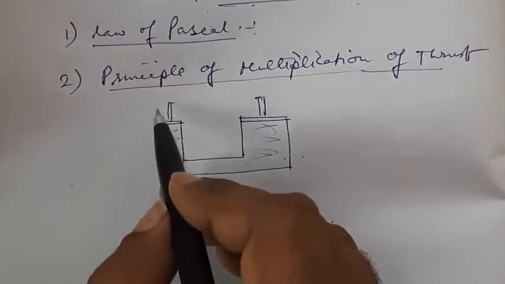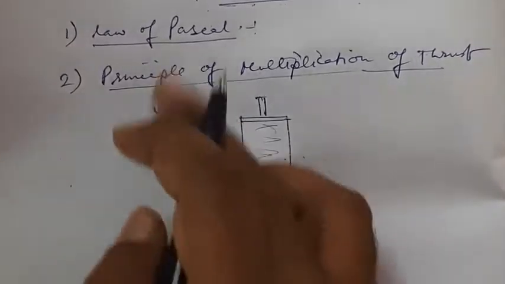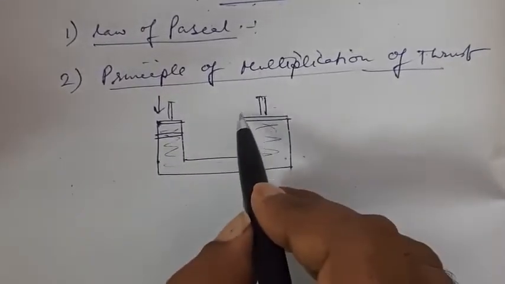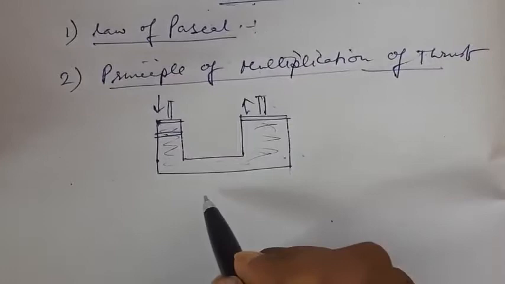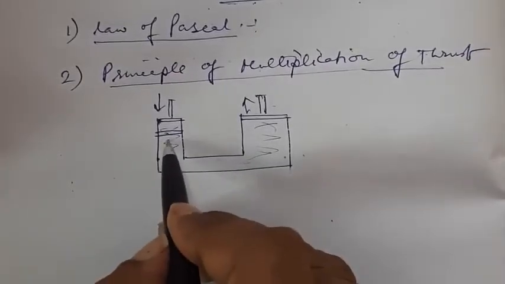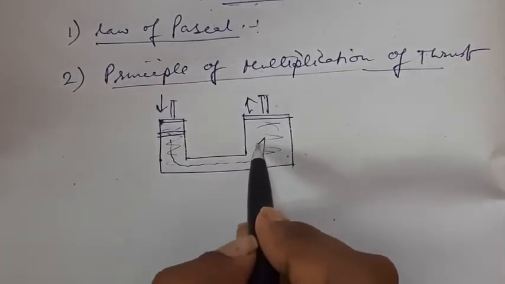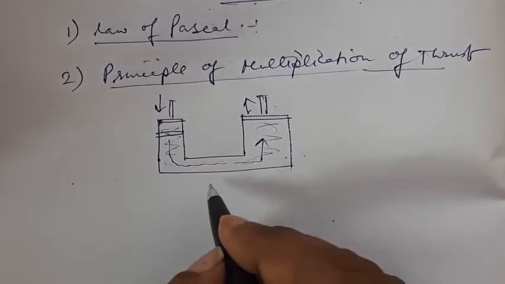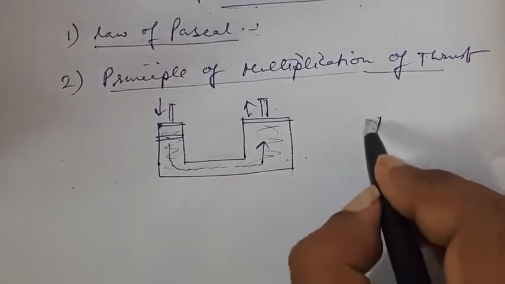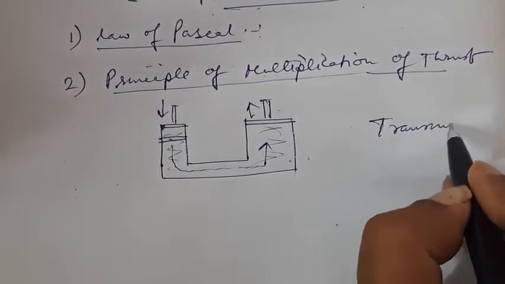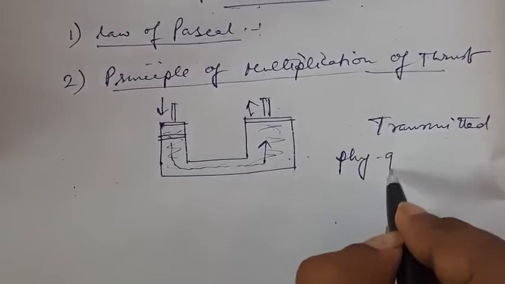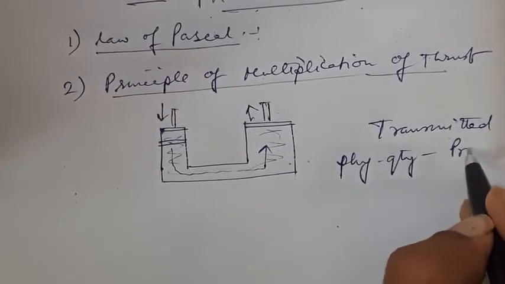Now if we apply pressure here downwards, this piston will move downwards and the other piston is going to move upwards. The physical quantity that is transmitted through this liquid is pressure.